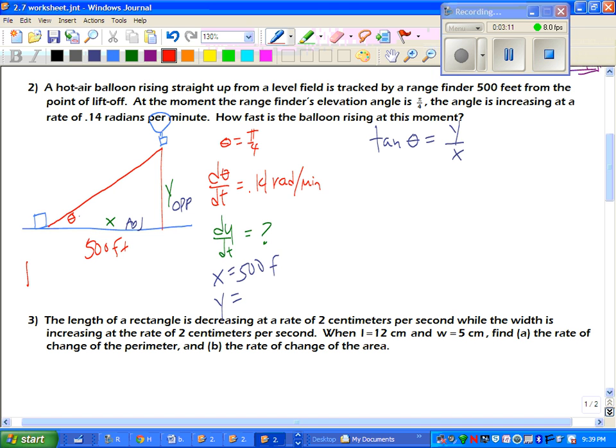So tangent of pi over 4 is equal to y, which we don't know, over x, which is 500. So all we have to do is multiply both sides by 500 to find out what y is. So 500 times tangent of pi over 4, hopefully you know tangent of pi over 4 is just 1. So y equals 500 also.